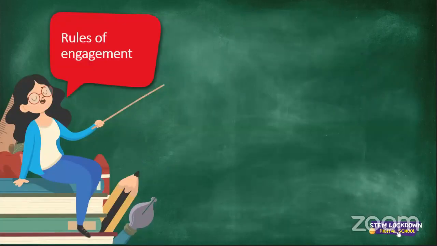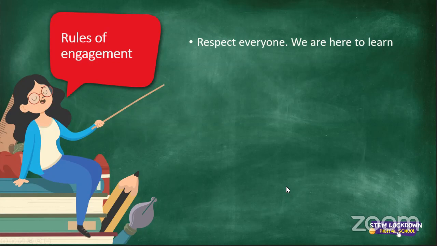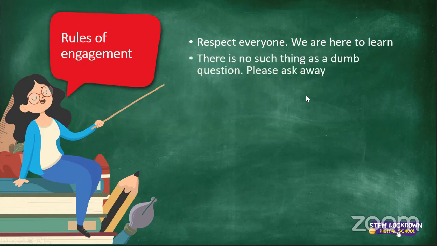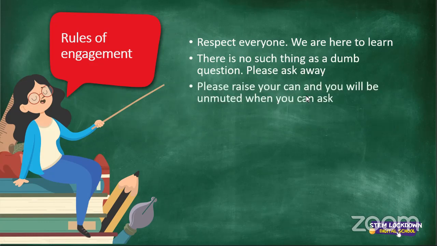First things first, we have our rules of engagement. Please respect everyone, because we're all here to learn. Number 2, there's no such thing as a dumb question, so please don't be shy. Please ask away. Number 3, we're back on Zoom, so you can raise your hand if you have a question, and you will be unmuted when you can ask it.